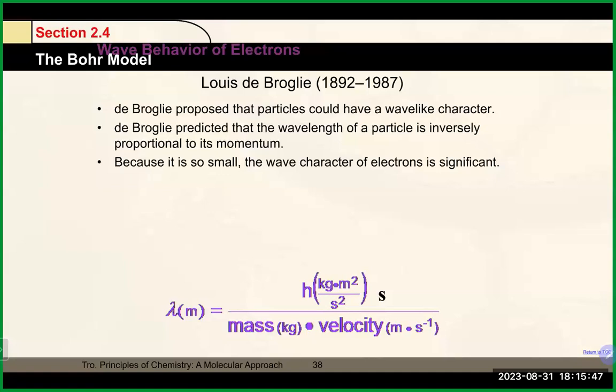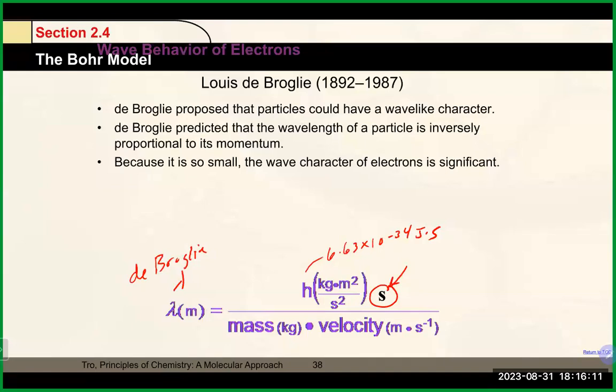So we could calculate what is sometimes referred to as the de Broglie wavelength, and that is this one here. The wavelength is equal to h, which is Planck's constant, 6.63 times 10 to the minus 34 joules times seconds. I think maybe the seconds got left off your notes, but there should be another seconds hanging out there.